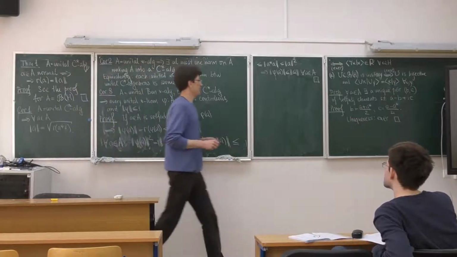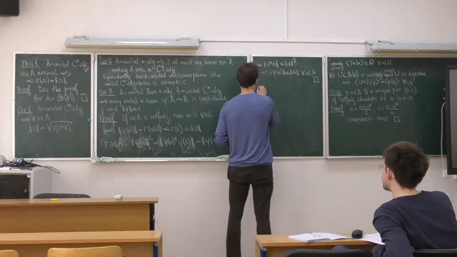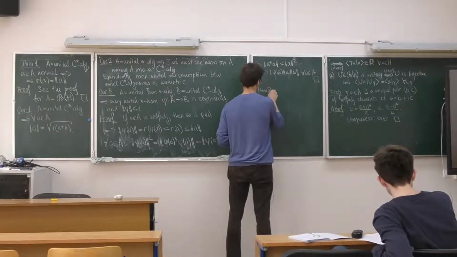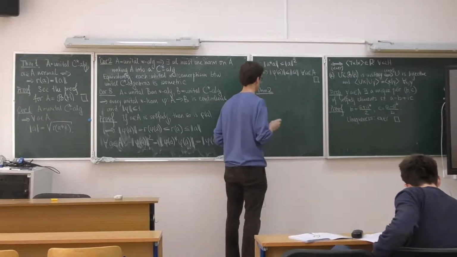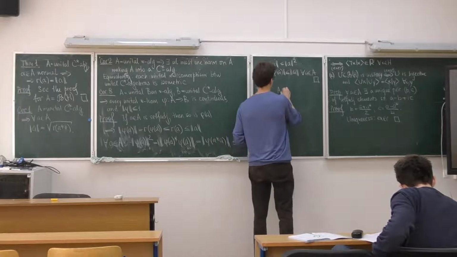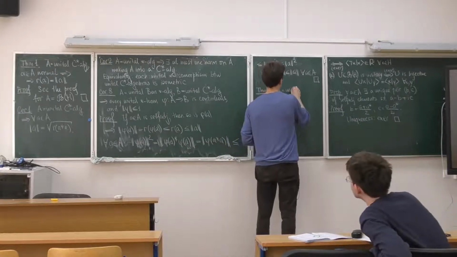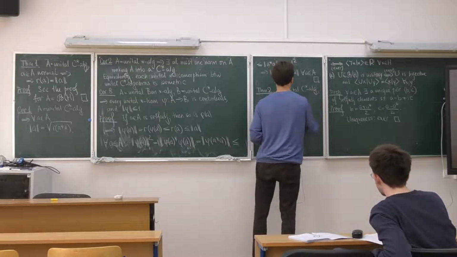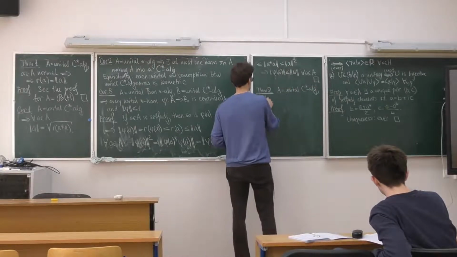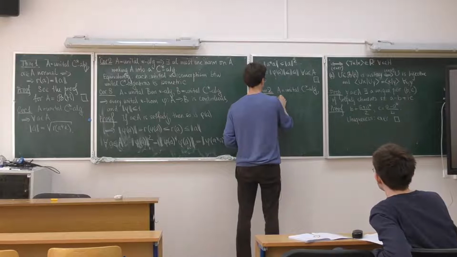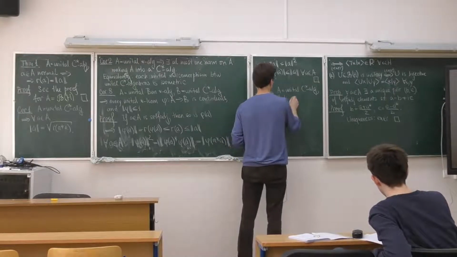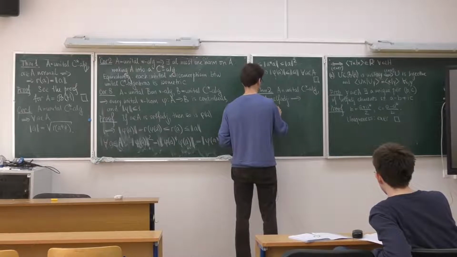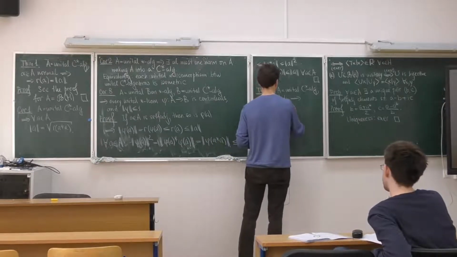Okay, another fundamental spectral property of C-star algebras is the following result. If A is a unital C-star algebra and little a is a self-adjoint element, then the spectrum of A is real.